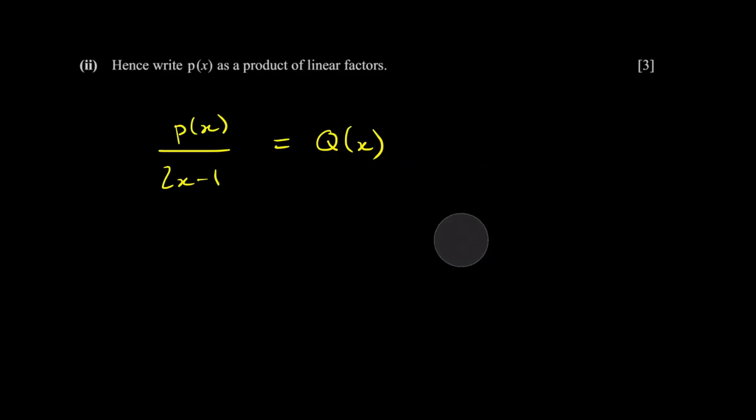All right, well, basically, what we've just shown is that if we've got p of x and we divide it by 2x minus 1, 2x minus 1 is a factor. That means that if we were to do the division, we will get some other factor, a quadratic factor, as a result, with 0 remainder. Okay, so we're just going to do a polynomial division.